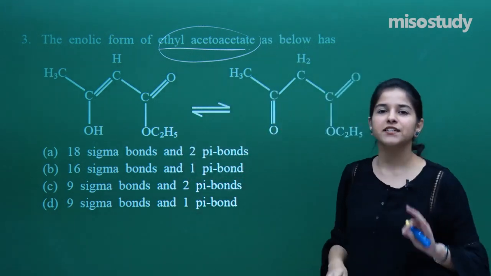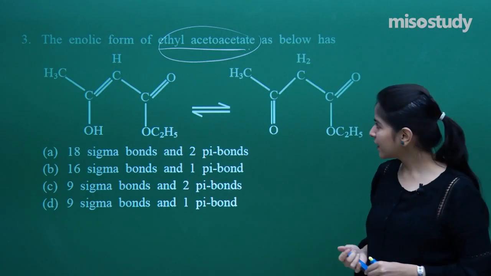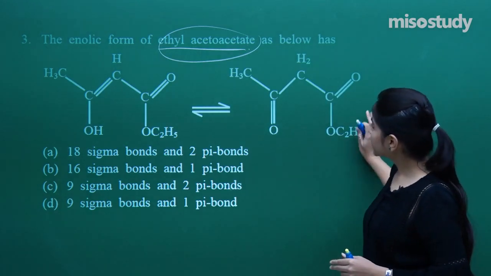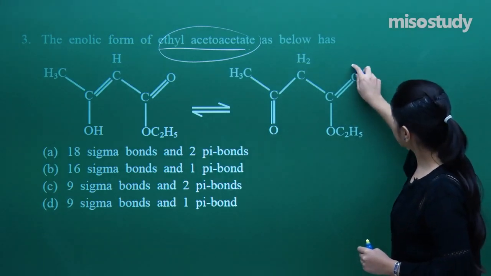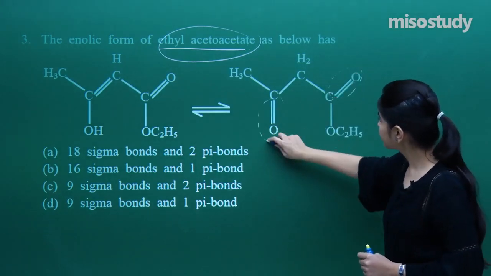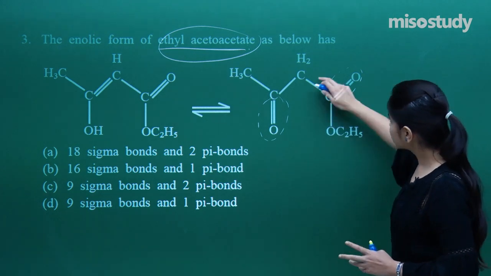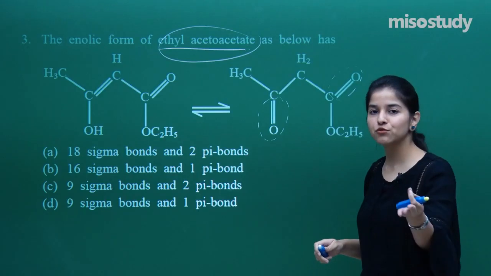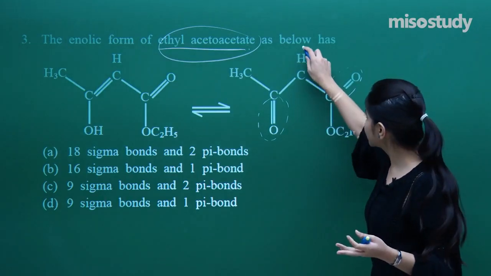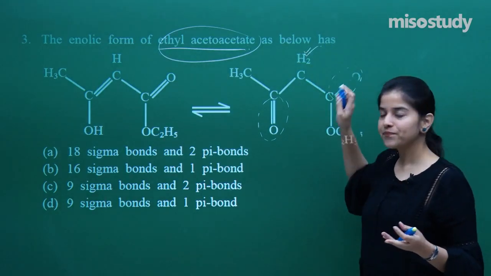First of all, I need to figure out which is the enolic form, right? So over here in the two options, if you consider, there are 2 keto groups present right here, right? And what is the alpha hydrogen, what is the acidic hydrogen which needs to jump towards the oxygen, is this particular one.